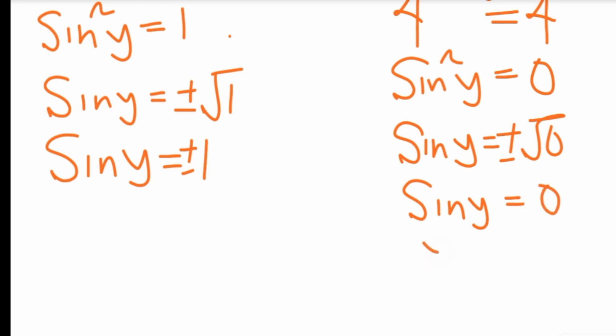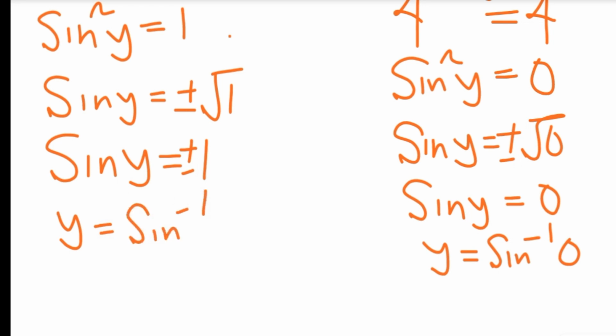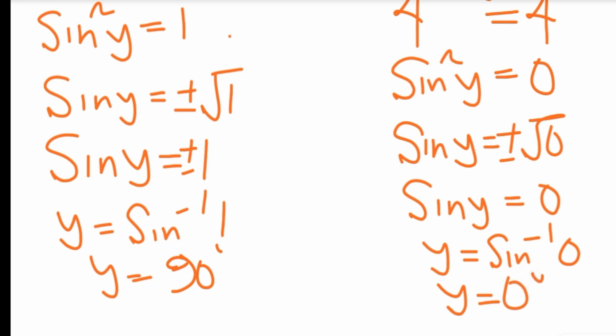So we're going to find the value of y. The value of y will give us the arc sine of 0, and the arc sine of 1. If you point your calculator, the arc sine of 1 is going to give us 90 degree, and the arc sine of 0 is going to give us 0 degree.